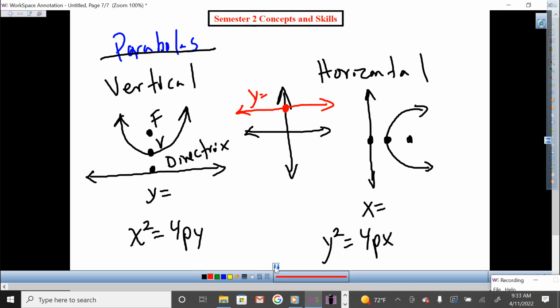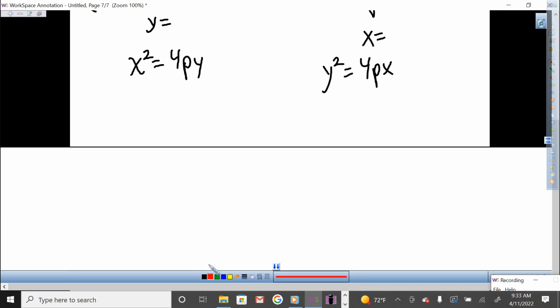So with that said, here goes. Example 2. Let's label this example 2Q.